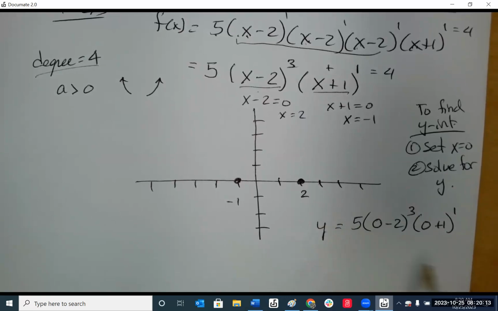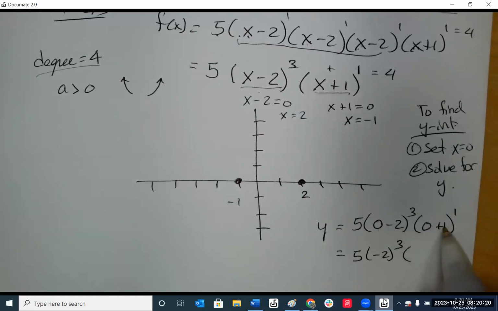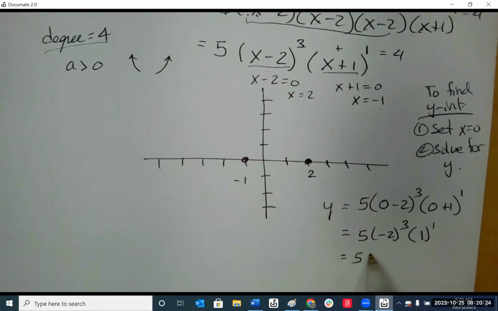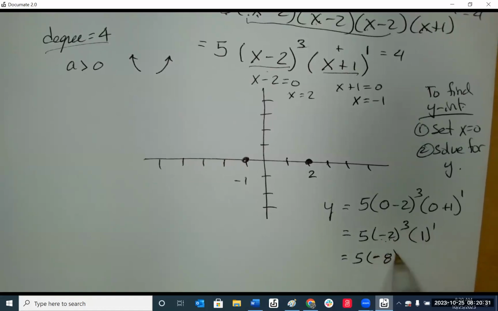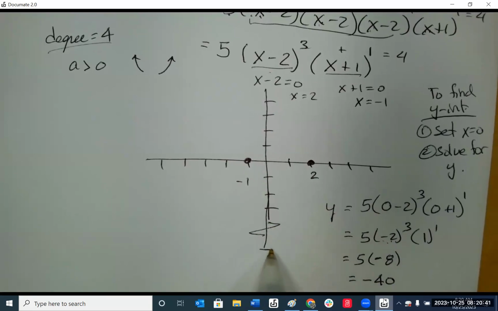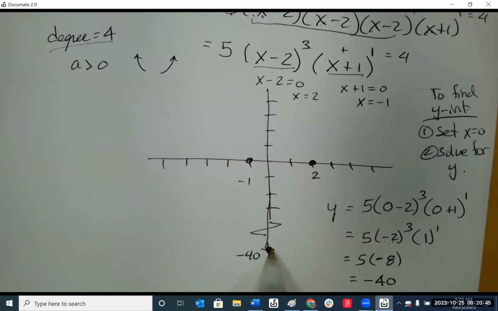Remember, this whole thing equals y. 0 minus 2 is negative 2. 0 plus 1 is 1. Negative 2 times negative 2 times negative 2, or negative 2 cubed, is negative 8, times 1, which is negative 8, times 5 is negative 40. So we know that at negative 40, our graph crosses there.